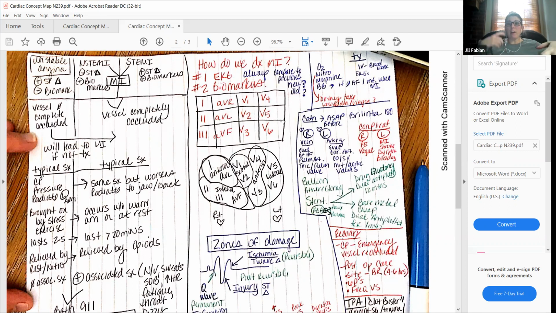So if you have somebody that has unstable angina, they rest. As soon as they get back up, like my uncle, and start doing activity again, their chest pain comes back because it's unstable. In a stable patient, they rest or take their nitro, they rest for a few minutes, and then after a little while, they get up and do something else. That pain doesn't come back immediately.